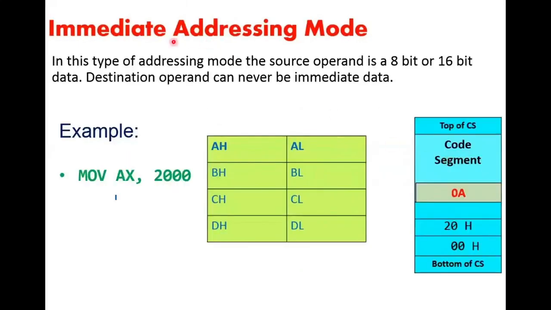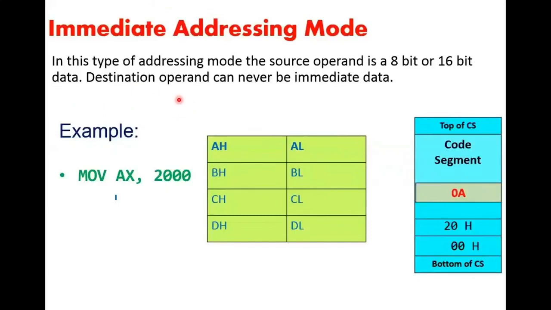Next one, immediate addressing mode. In this addressing mode, for the source operand we directly use 8-bit data or 16-bit data. Directly we use the particular data value. That kind of addressing mode is called immediate addressing mode.